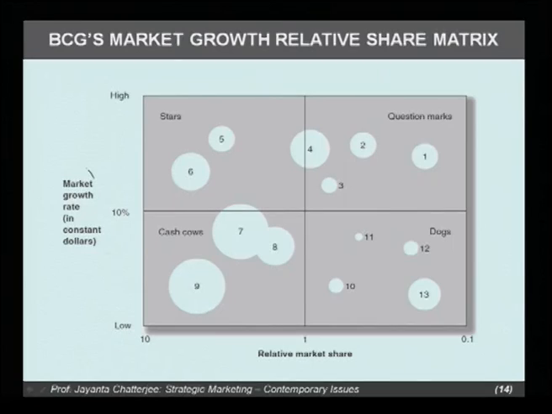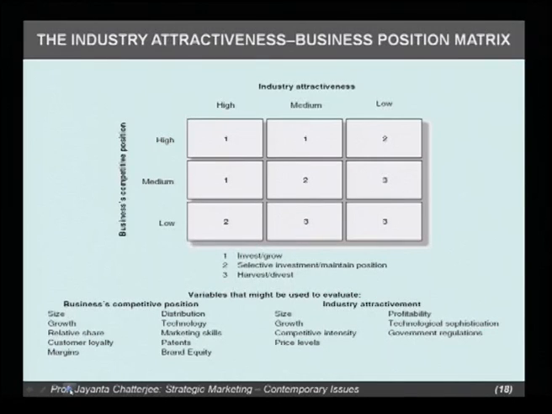televisions will change. But we were saying that compared to the BCG matrix, where we mainly look at the market growth rate versus the relative market share, our diagram that we have just been discussing, the industry attractiveness and business position matrix, the portfolio approach, is a superior concept, because business competitive position is in fact a better concept than current market share or the growth rate of the market.